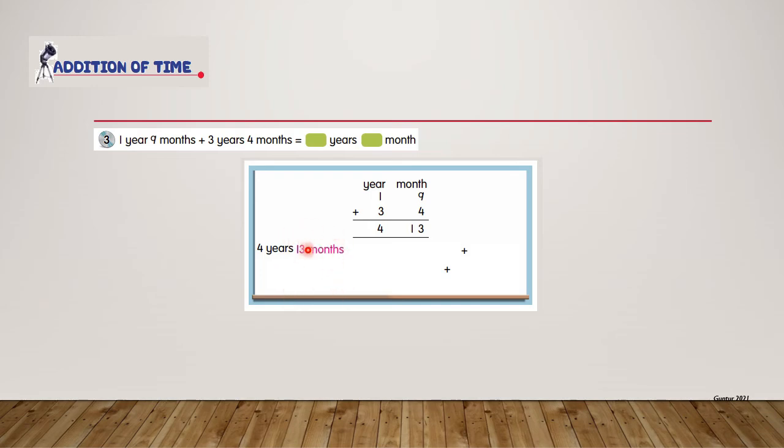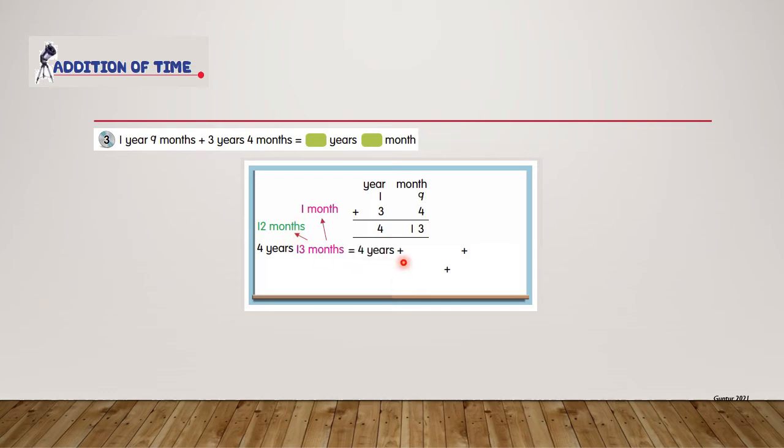13 months is more than 1 year because 1 year is 12 months. So we can separate the answer here. Okay, 12 months and 1 month because 12 months is 1 year.